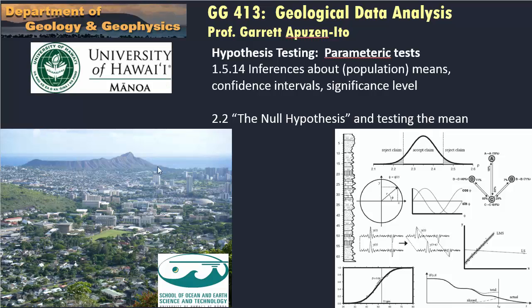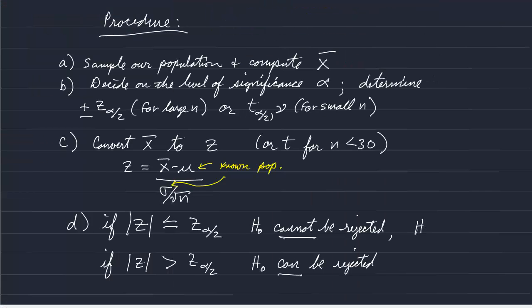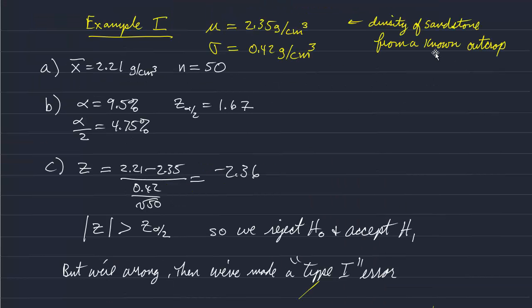So continuing on with our hypothesis testing of the mean, we just went through an example of testing the density of sandstone from a sample against a known population. And we found that the z-value we got was greater than the critical z-value given our significance level.